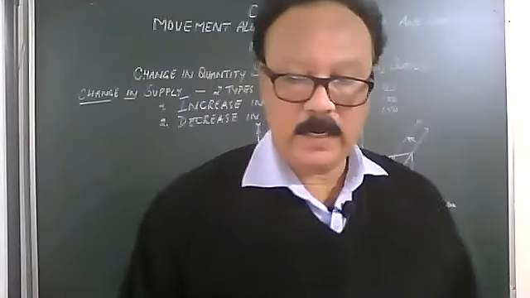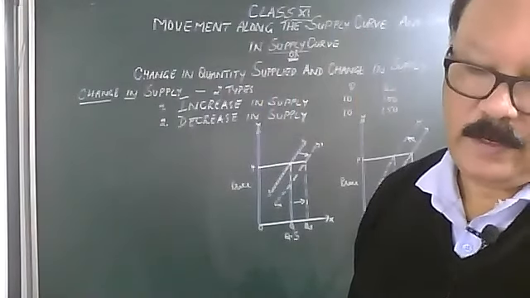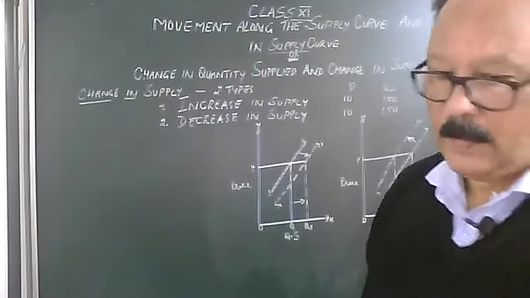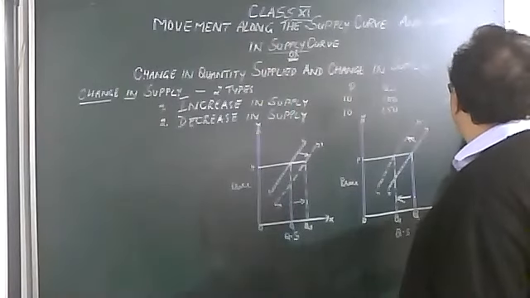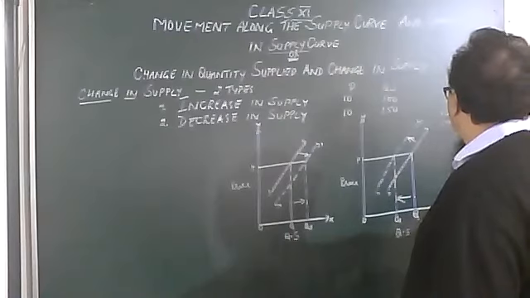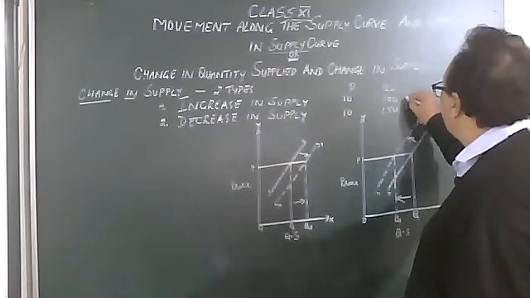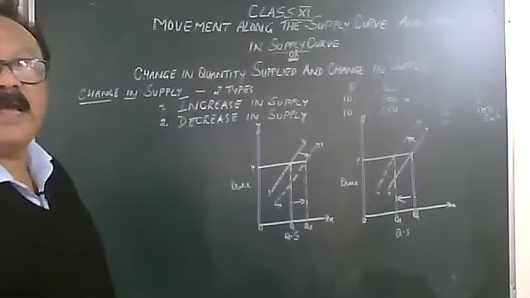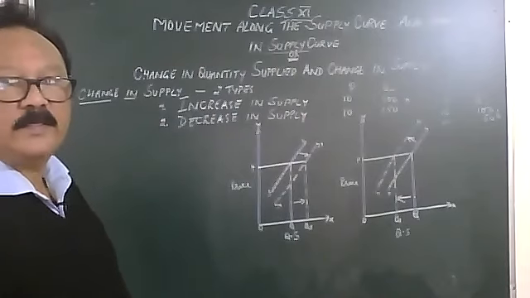There is a backward shift in the supply curve. Price remains the same. The schedule could be price and quantity supplied. Price was 10, he was first supplying 100. Now price is 10, but he will be supplying 50. Price has nothing to do with it. It depends on the other factors.